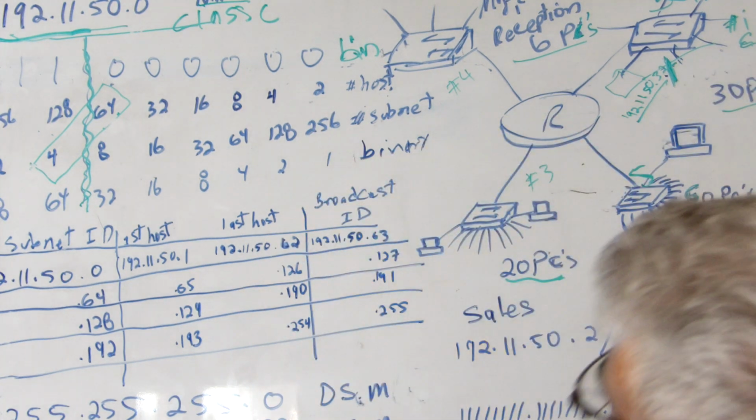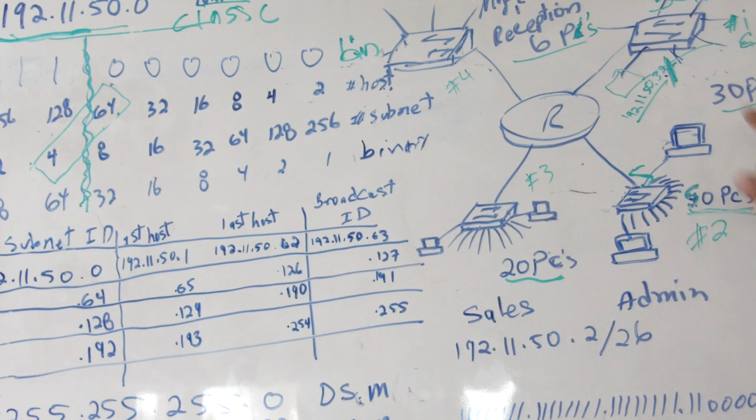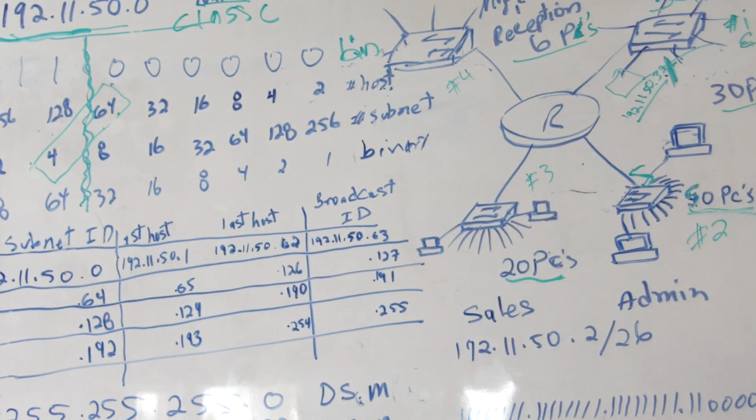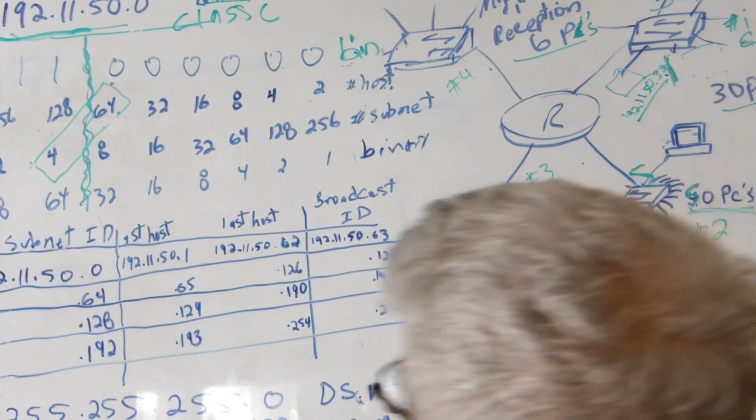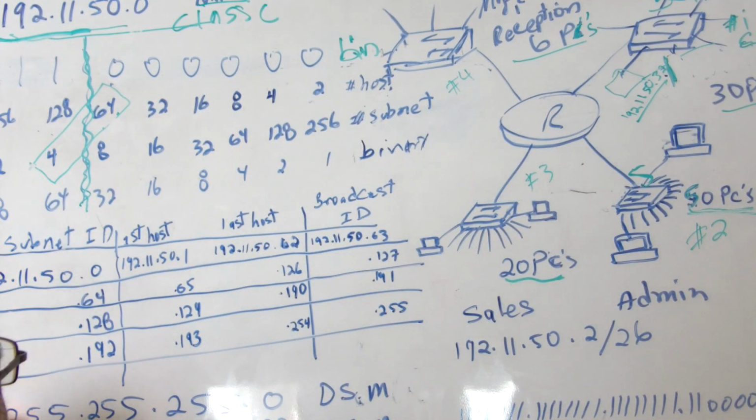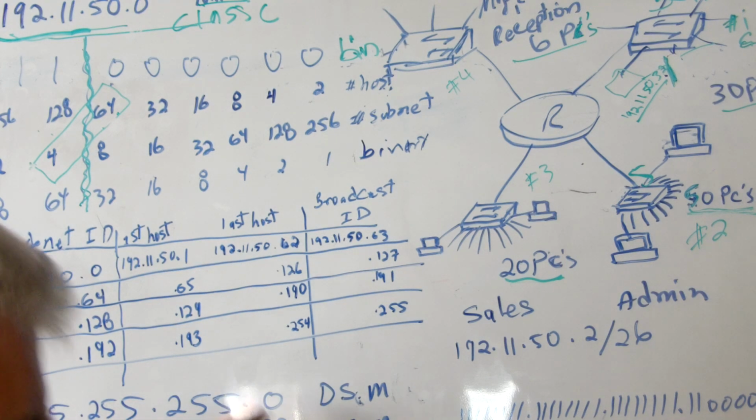Now we made the subnetting. Now these IP addresses all here have a slash notation. In class C, the default mask is 255.255.255.0.